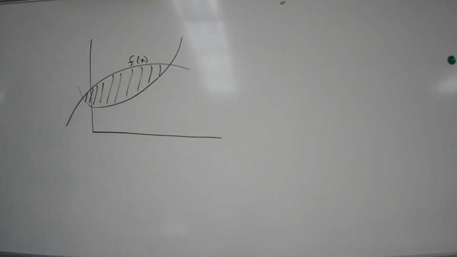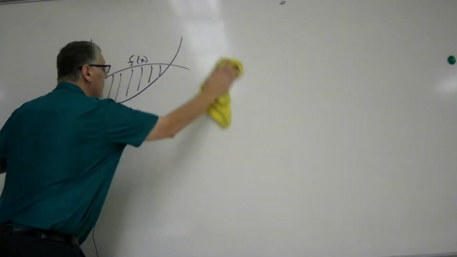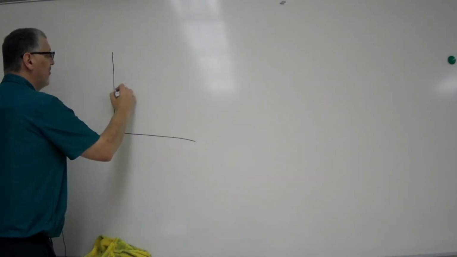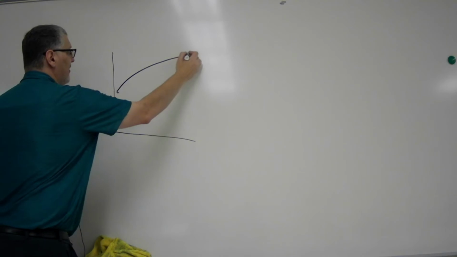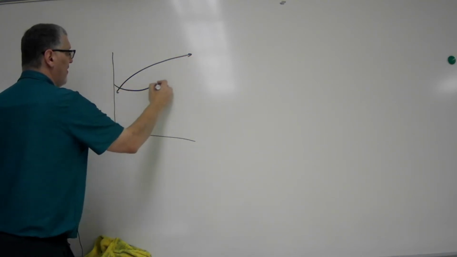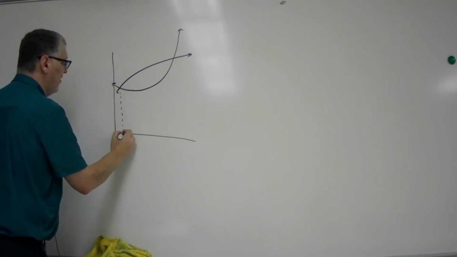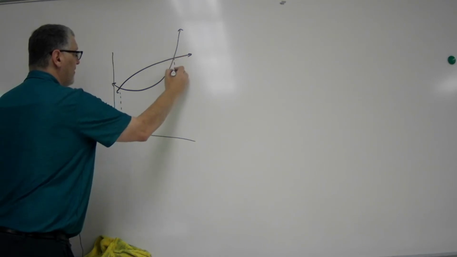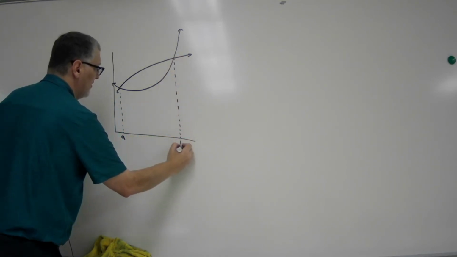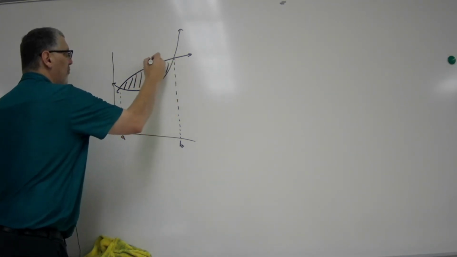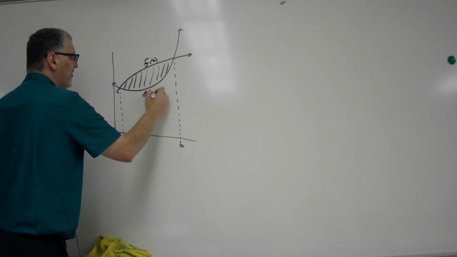I want it all to be in quadrant 1. And I want to find this area. We're going to call the top one f of x. Let's call the bottom one g of x.